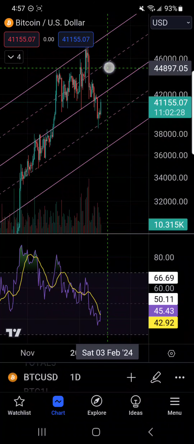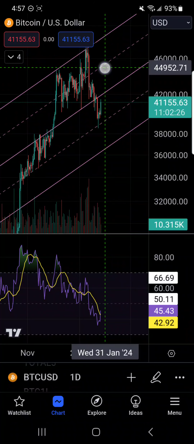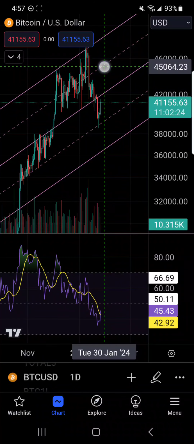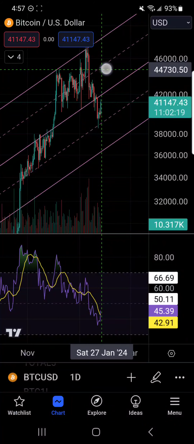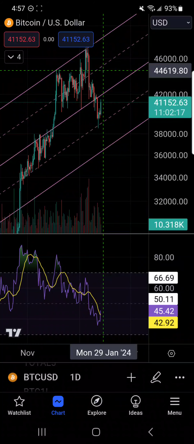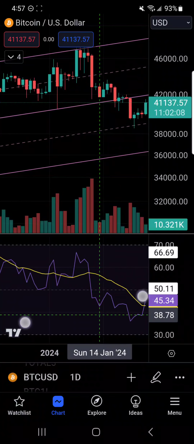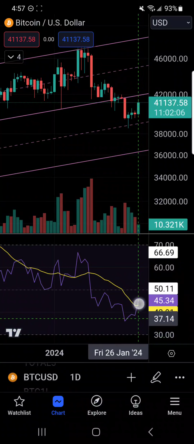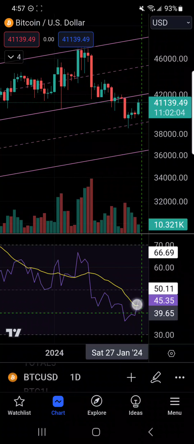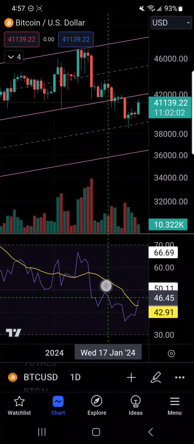By end of day, I expect we'd be around the center line of this channel, and that's around the 44,000, 45,000 region like we saw on the other chart. That all falls in line with each other. We're coming back up through the moving average on the RSI.